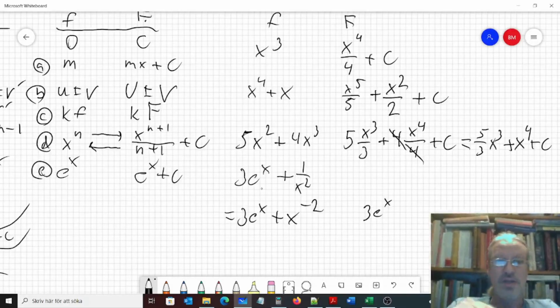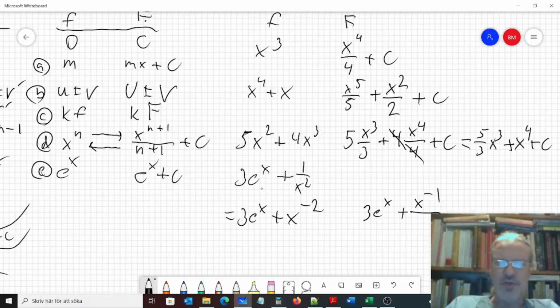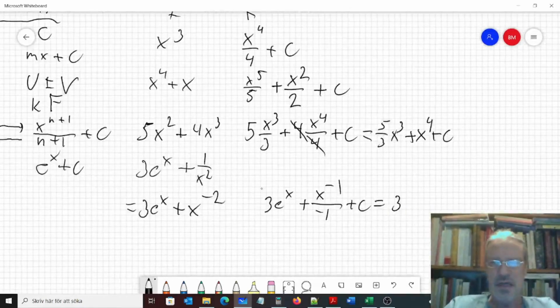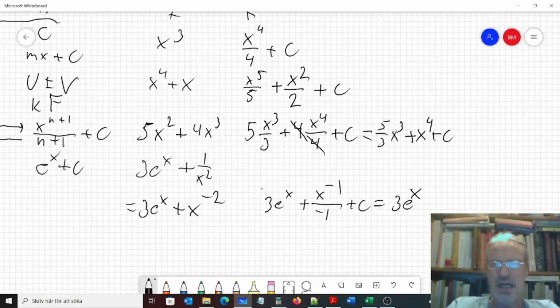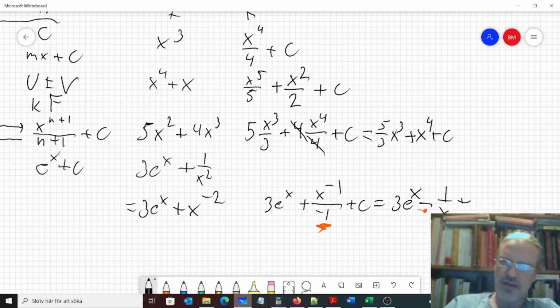And then rule D will say that, okay, that will be x to the power of -1 divided by -2 plus 1, which is -1, plus c, equals 3e to the power of x minus 1 over x, right? The -1 we have down here will cause a minus there, and the x to the power of -1 is the same thing as 1 over x, and then we shouldn't forget the plus c.